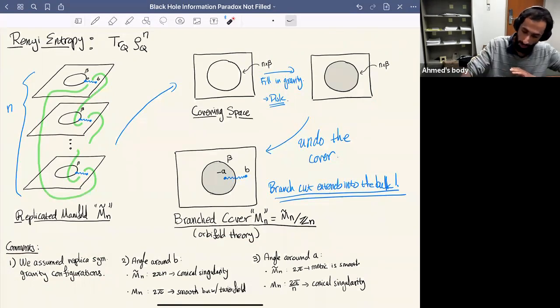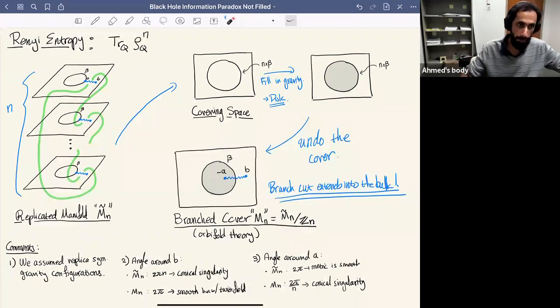So there's a symmetry like this: you divide this 2π into n pieces, and the statement is that gravity looks the same in any one of these wedges. This is an assumption; gravity can do whatever it wants. It can break this replica symmetry if it wants.